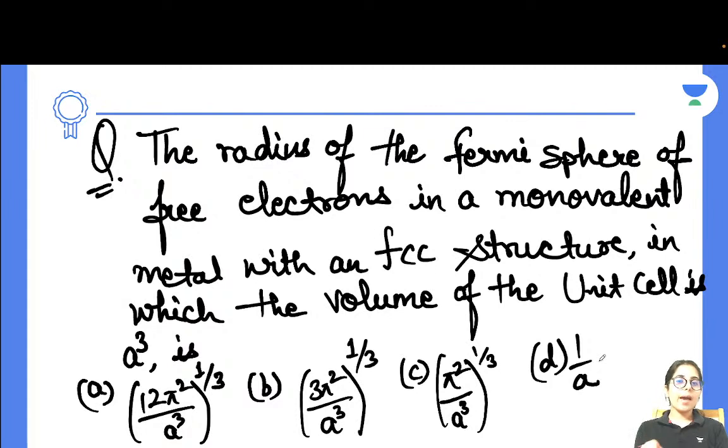It is a three-dimensional case, right? In which the volume of the unit cell is A cube. So that's what you have to find.